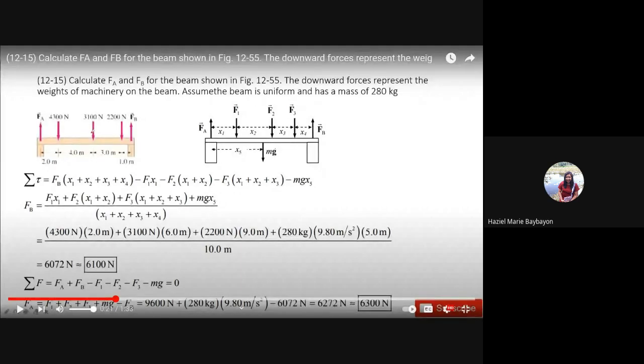And then 2 times 9 is also 18,000. So you have 36,000 plus 8,000, 44,000 newton meter. Okay, so I do not know where we went wrong. Assume it is uniform and has a mass of 250 kilograms.